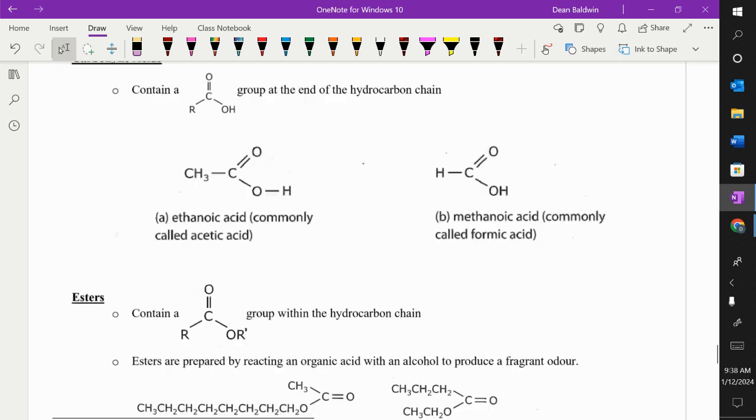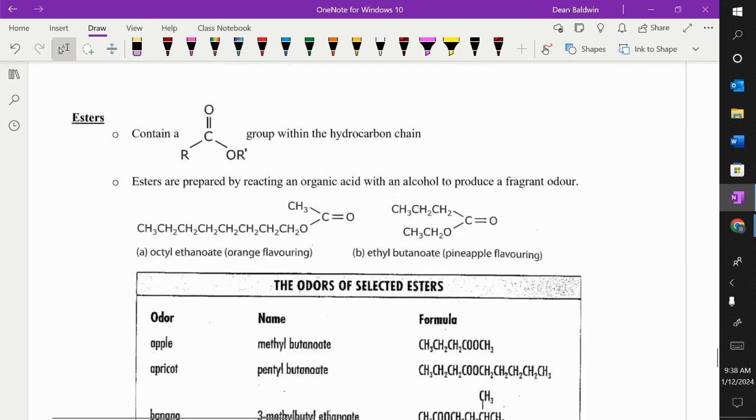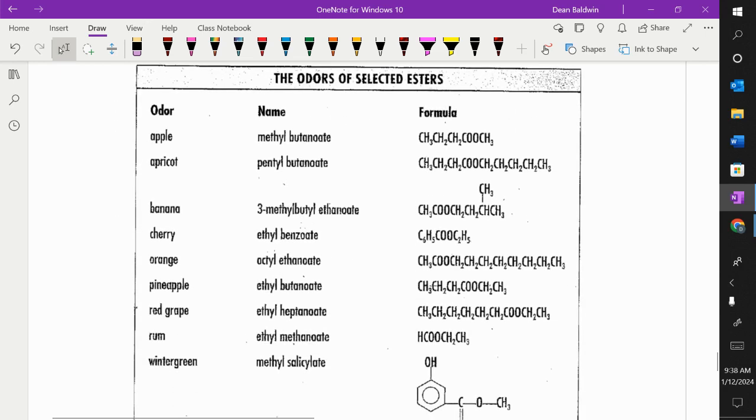And then the final one is if I take this hydrogen and replace it with a carbon chain, that's the R there, we call it an ester. Esters smell as well. There are some of the odors. Methylbutanoate, ending in ATE, indicates it's an ester.